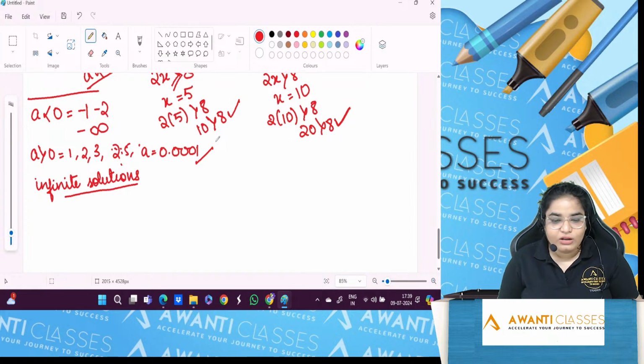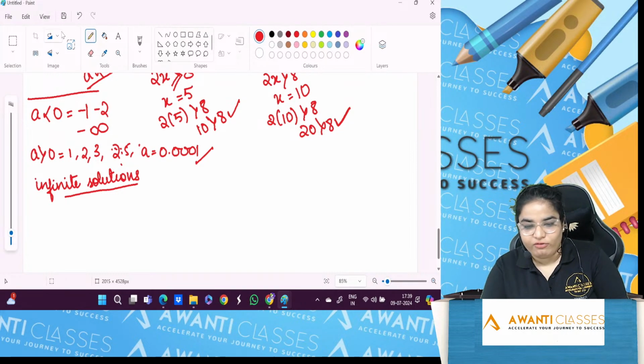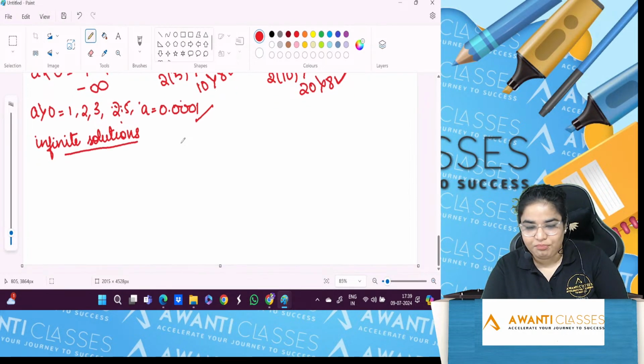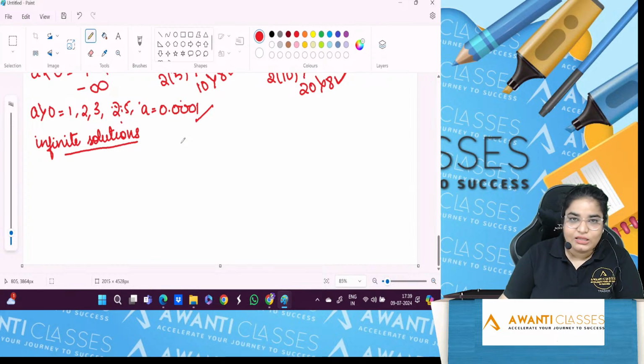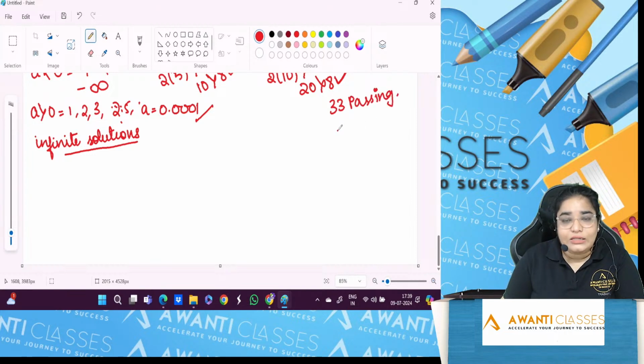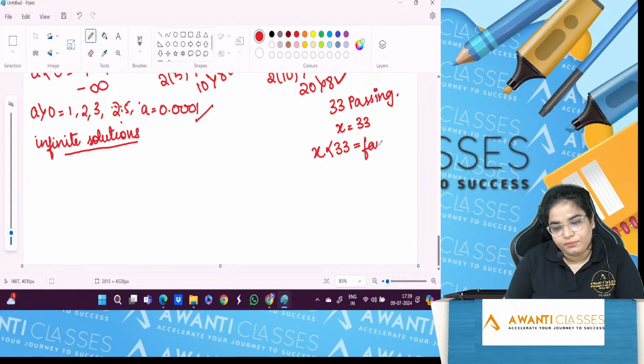Now, where will it be used? Where have you seen a real life example of this? Have you seen when there are exams? When there are exams, 33 is the passing mark. Now, if students' marks are X, will they get exactly 33 marks? Or can you say, if students' marks are less than 33, it is fail.